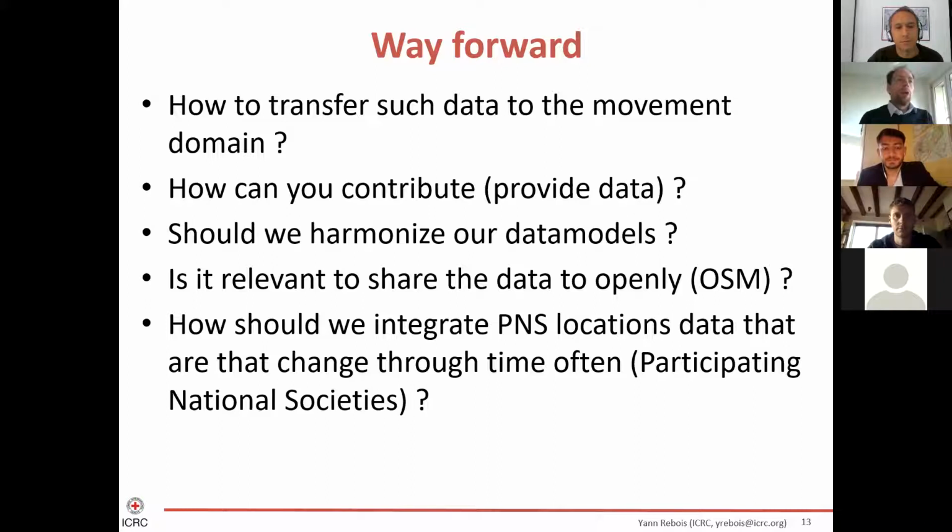We had some discussion with Cynthia and already some discussion with the ICRC. The idea is just to push it further, following the best practices of data sharing and data integration. Maybe we will have to go into an ICRC project mode. I don't know, but the idea is really to expose the need to have a central repository of national society locations.